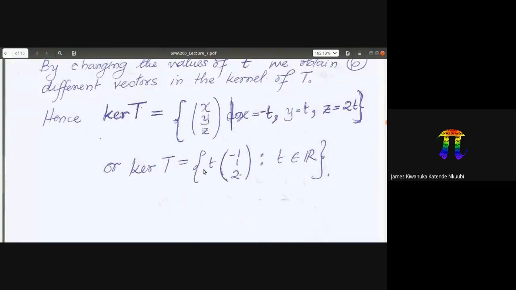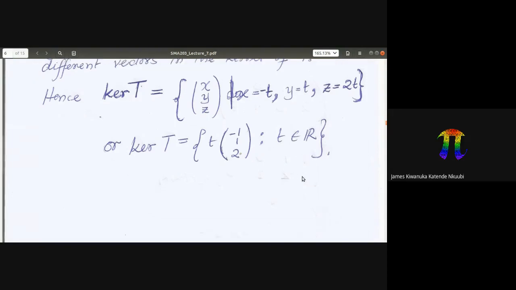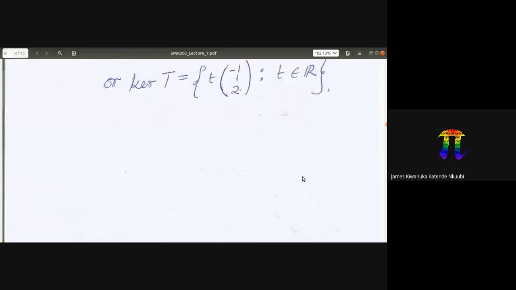The kernel of T is simply the set of all vectors that are multiples of this vector, negative 1, 1, and 2. So you can see that the kernel will have infinitely many vectors.